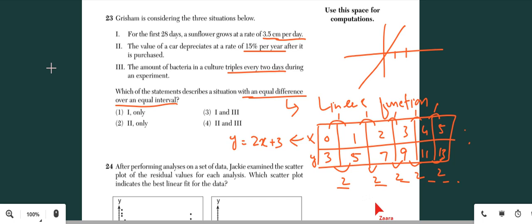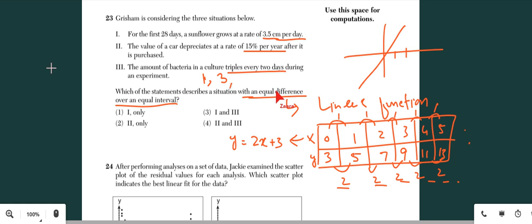Clear? So now come to this point. The amount of bacteria in a culture triples after every 2 days. That means if currently there is one bacterium, after 2 days it will triple and become 3.